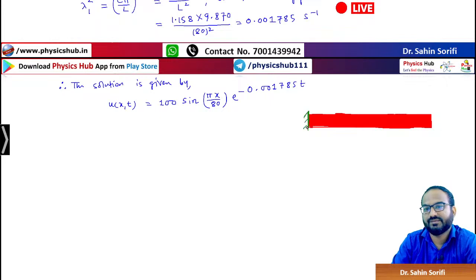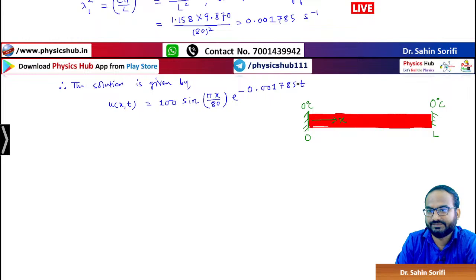This end is kept at 0 degree centigrade, and this end is kept at 0 degree centigrade. This is 0, this is L. So as you keep on varying x, your temperature is increasing, and it is following this pattern. As you can see, as time goes on, the temperature exponentially falls.